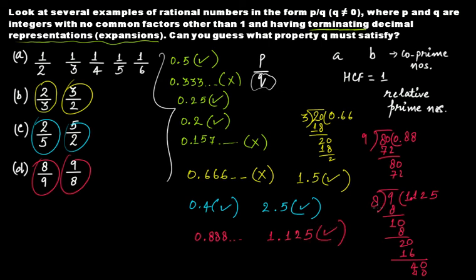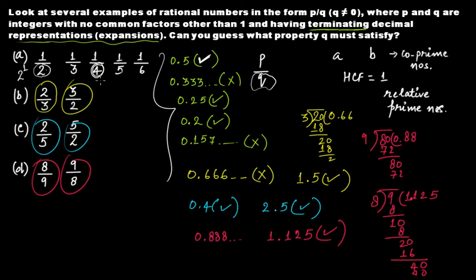So what's the point here? If you look at all these, which have actually terminating decimal expansions, this one was 1 by 2. Focus on this one. This is 2. Then this one was 0.25. This is 4. 2 means 2 raised to the power of 1.